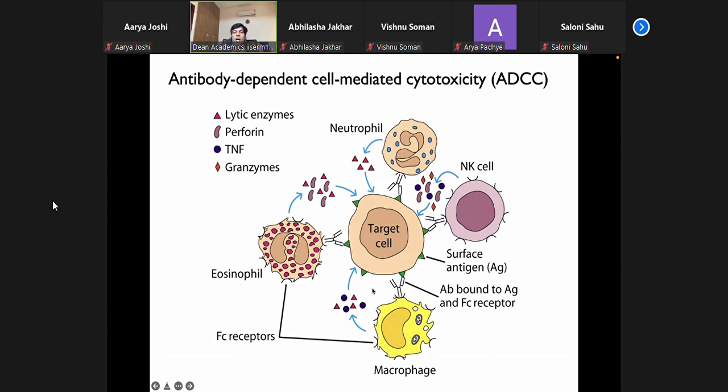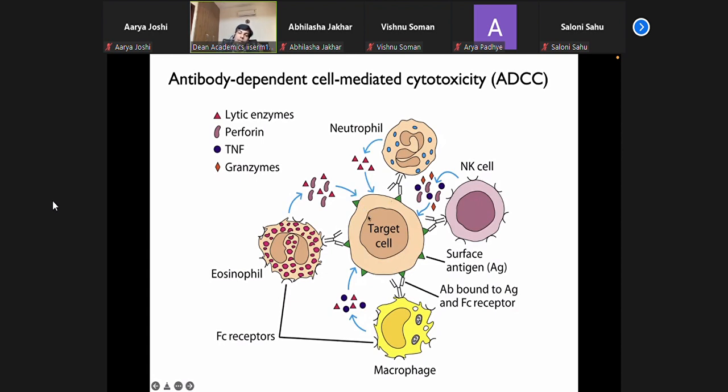Okay, but essentially what is shown in this slide is, for example, if you have a target cell that has antigens on its surface, and these antigens could come either from the target cell itself or from infection of this target cell, right?